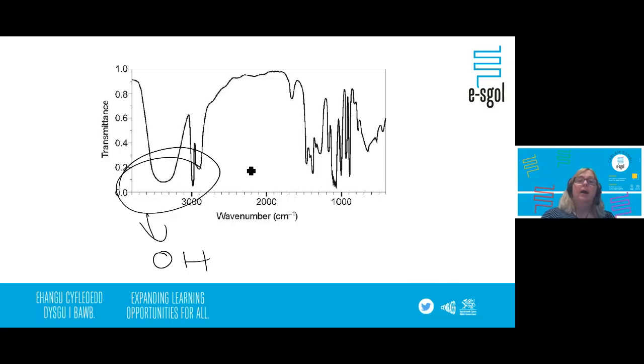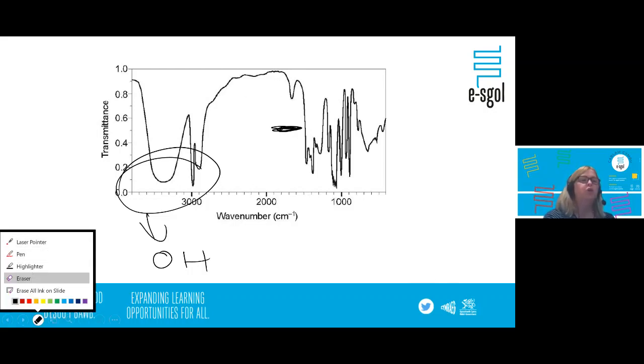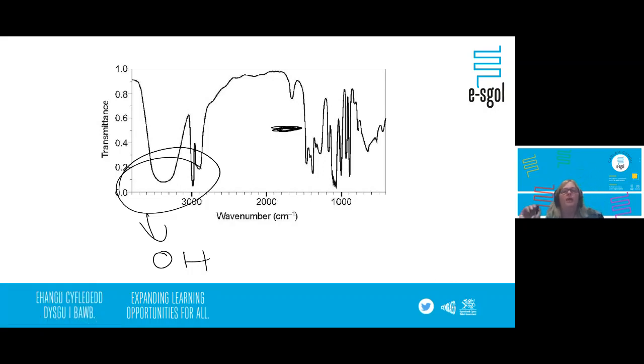Sometimes the lack of evidence is the best type of evidence, because what you notice is that we do not have a peak in the region of 1,750, which discounts the presence of that C=O double bond because we don't have it. So IR confirms that you have an OH peak and nothing else of significance.